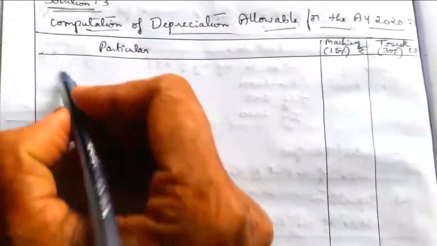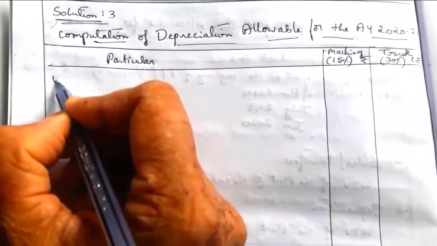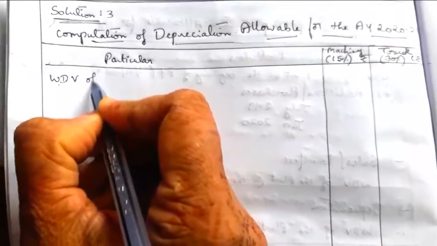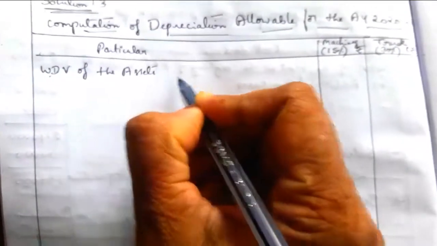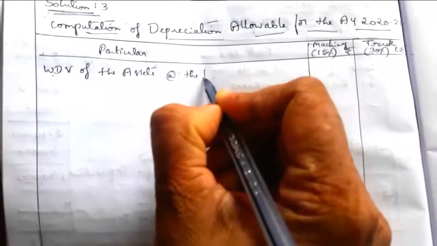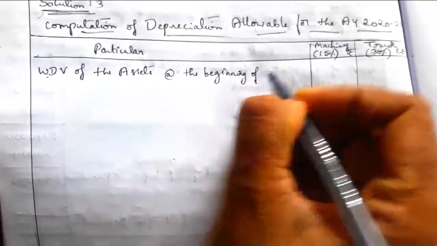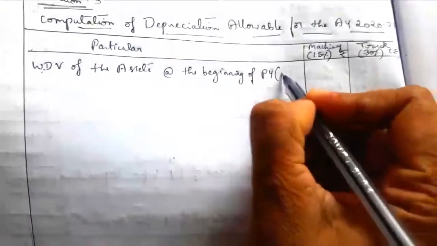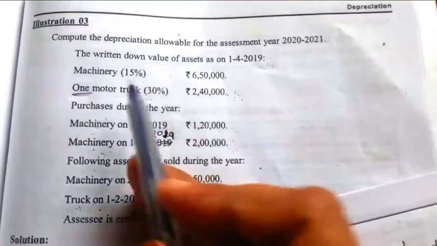First one, as per format, we have to take the written down value of the asset at the beginning of the previous year. That is nothing but 1/4/2019. So on 1/4/2019, what is the written down value of the asset?